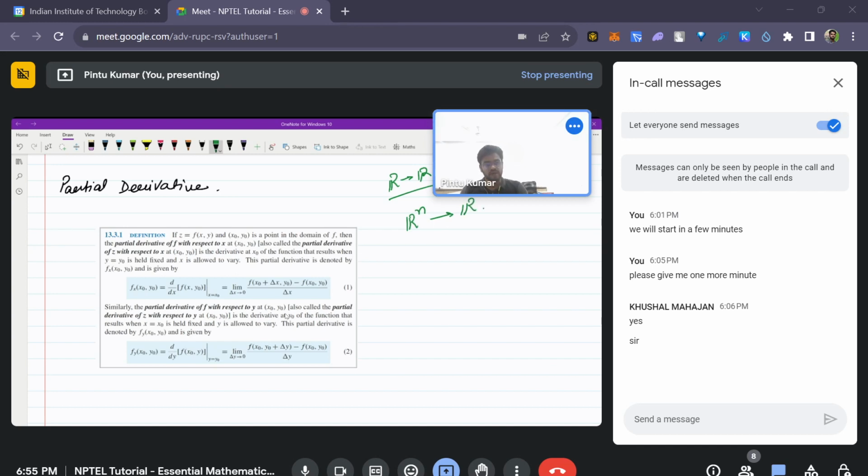Okay, so if you look at your loss function in your machine learning, loss functions are generally a map from Rn to R, right, where your n is your number of features.